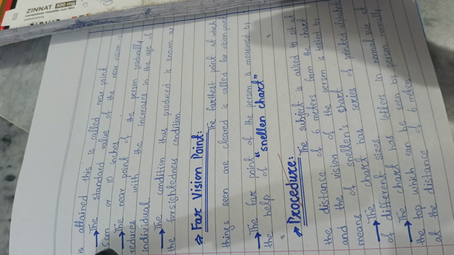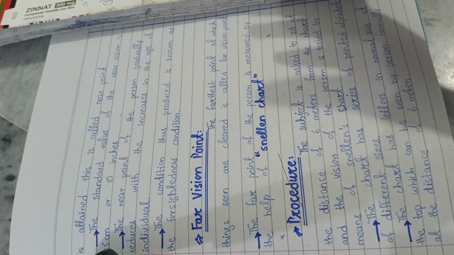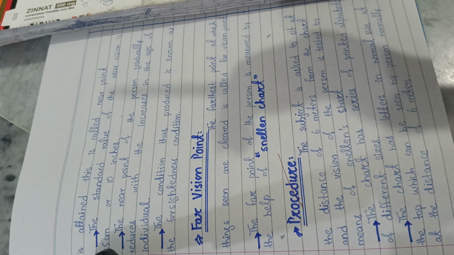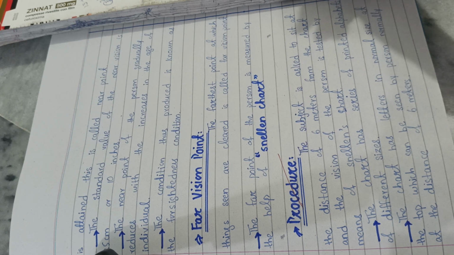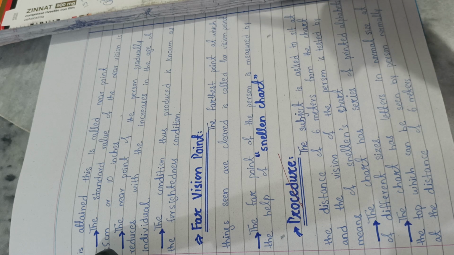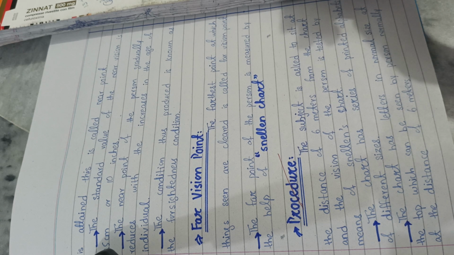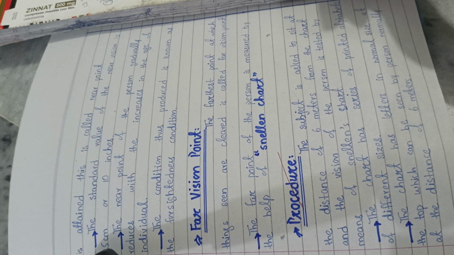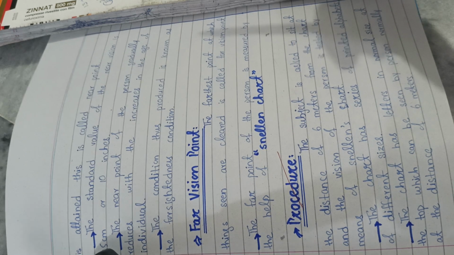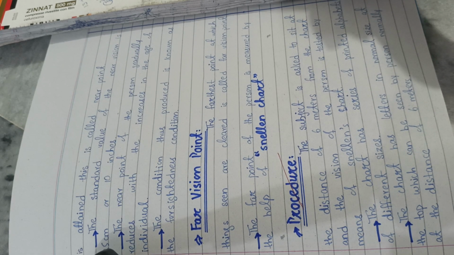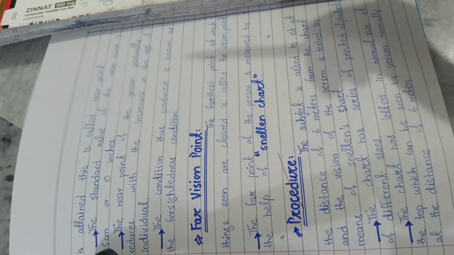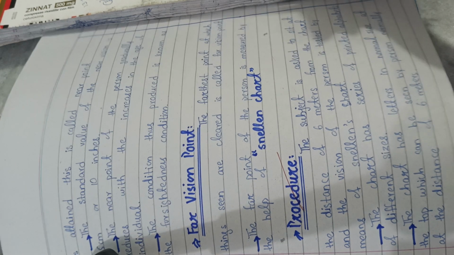For example, in the first row the alphabet is written in bold letters, and gradually the size of the letters decreases as you move from top to bottom. For the person whose eyesight is to be detected, you keep this chart 6 meters away from them, and then ask them to look at the chart and detect the numbers and alphabets written, and after that you can calculate the visual acuity of that person.